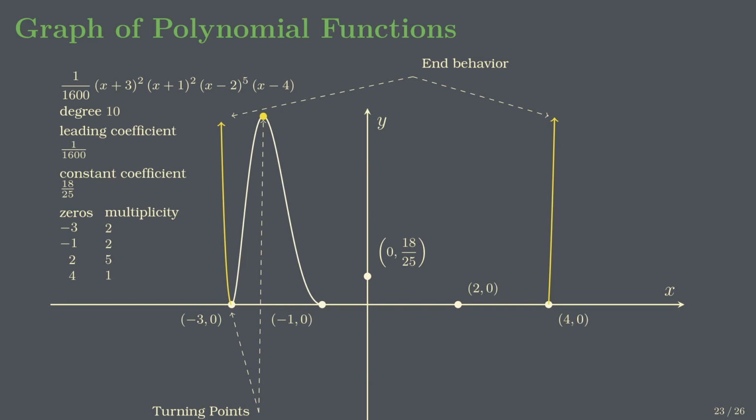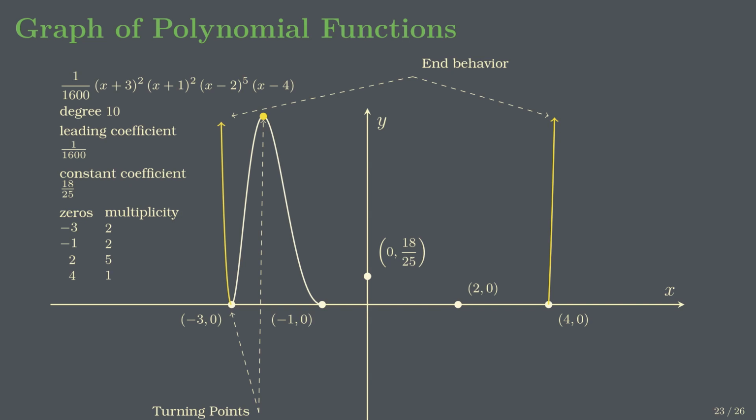So when the multiplicity of a zero is even, the graph will touch the x-axis at the corresponding x-intercept. And then, because it rebounds, for it to reach the next x-intercept, the graph should start to decrease somewhere, and it decreases until it meets this point.